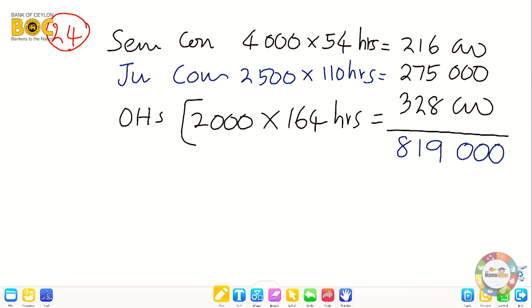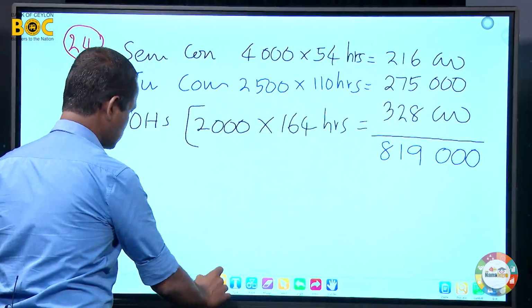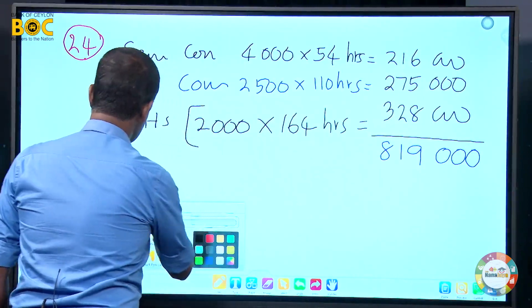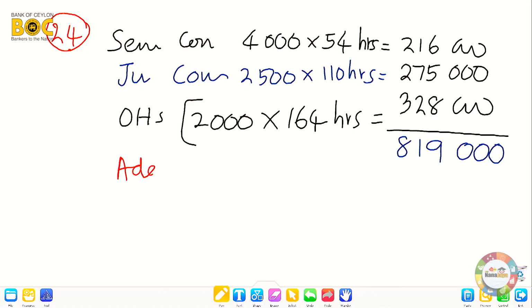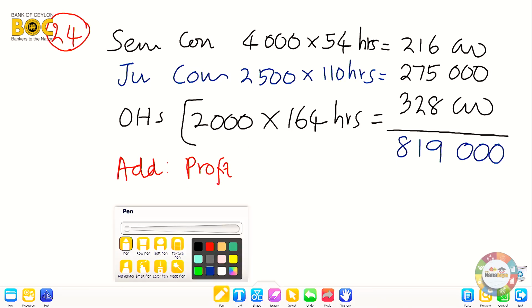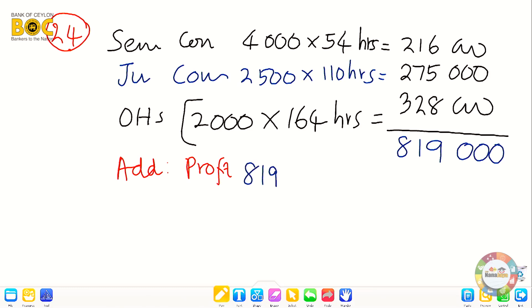Then you add profit. The profit is 40% of 819,000.